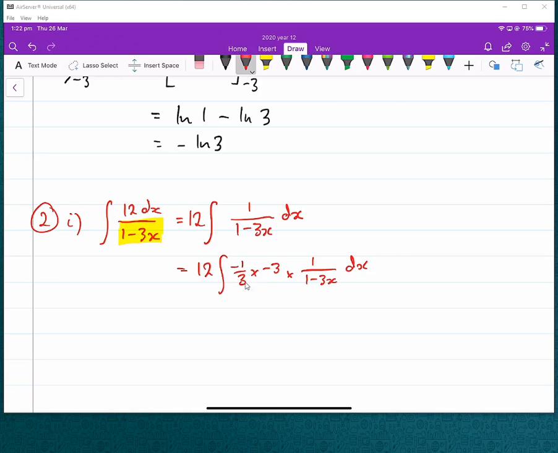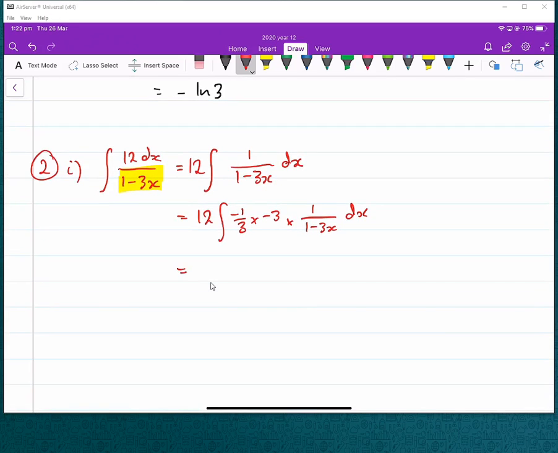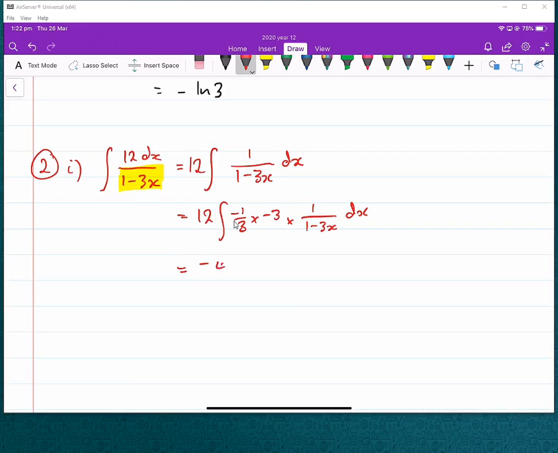I'm just making sure that negative 1/3 times negative 3 is 1 times that. So I haven't added anything there, but now I can also pull out that negative 1/3 out the front. So I'm going to get 12 over negative 1/3, which is negative 4, by the integral of negative 3 over 1 minus 3x dx.